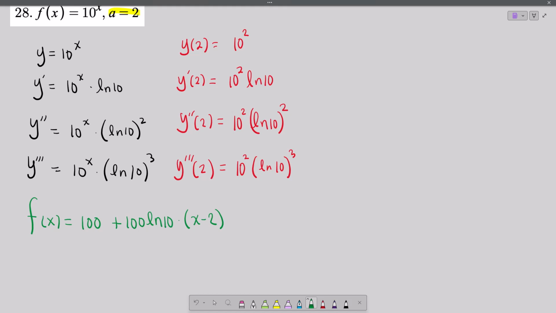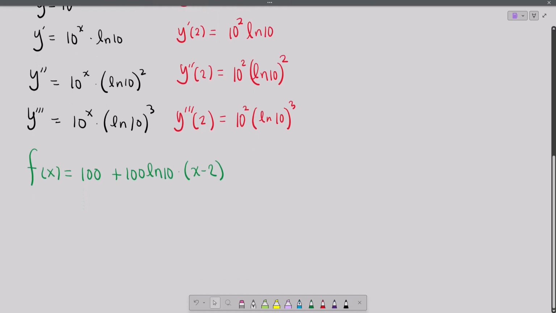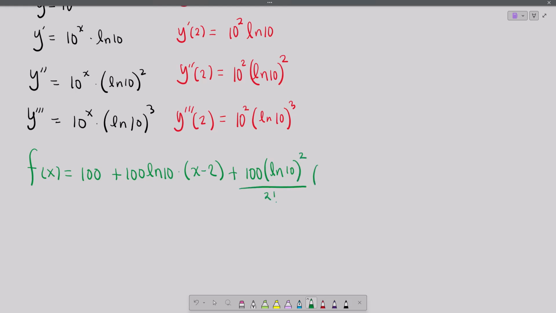It's not actually equal to the function yet, but then plus 100 times the natural log of 10 squared divided by 2 factorial multiplied by x minus 2 squared. So there's our quadratic approximation.